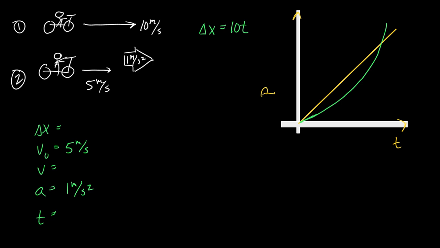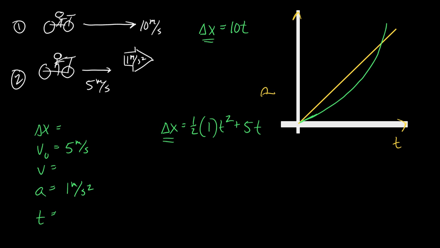Again, we don't have enough information here to actually solve for any variable, but we can put together a relationship that also has displacement and time. Two equations that share similar variables. I want to find the place where the displacement and the time is the same for both cyclists.